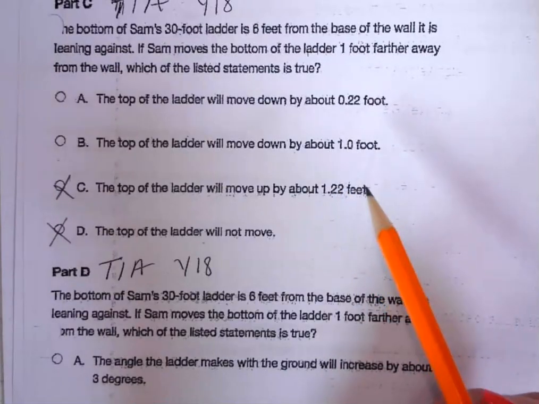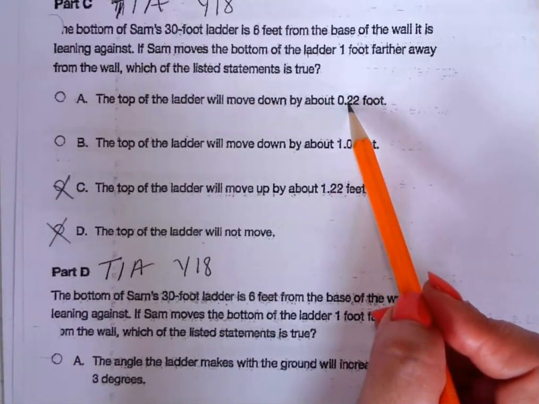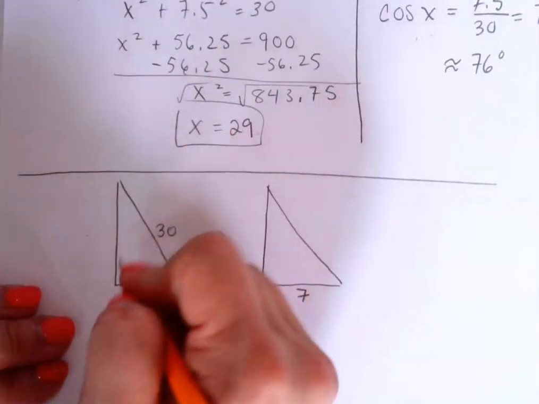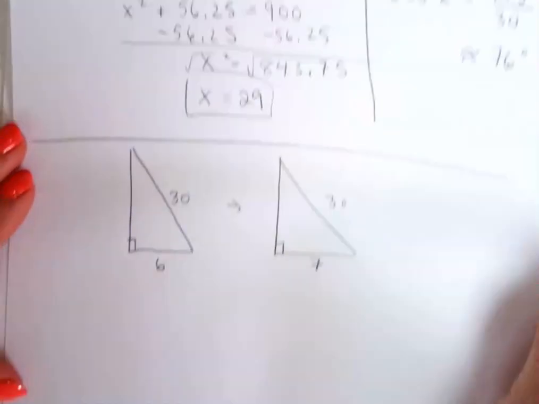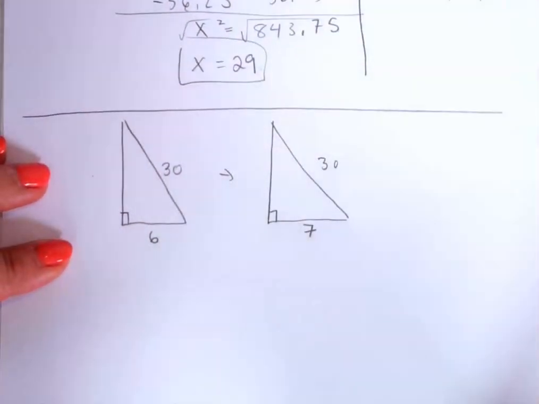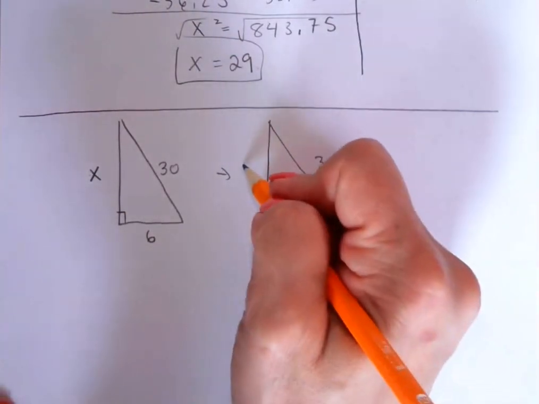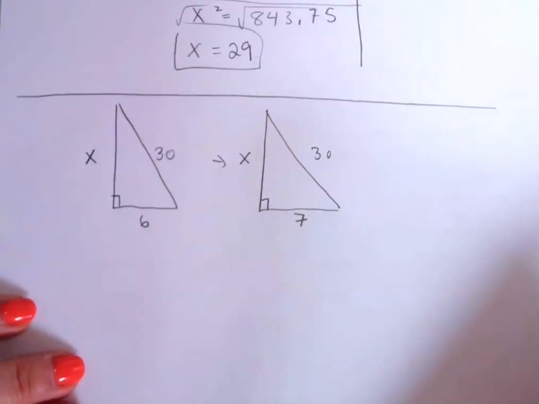Now you might guess and say, that looks too simple, and I'm going to guess with A, but let's just prove it. And here we are only dealing with sides. So sides is Pythagorean theorem. All right, so let's find out this x first, then we'll compare it to this x and see what the difference is. How far down will the ladder move?